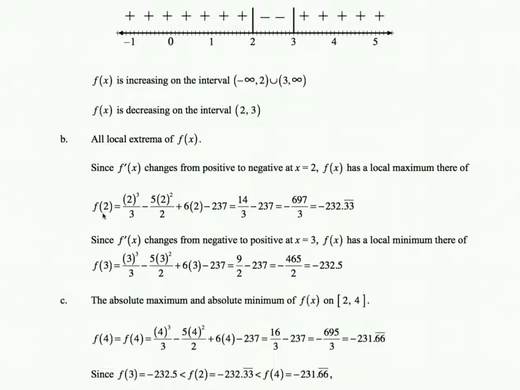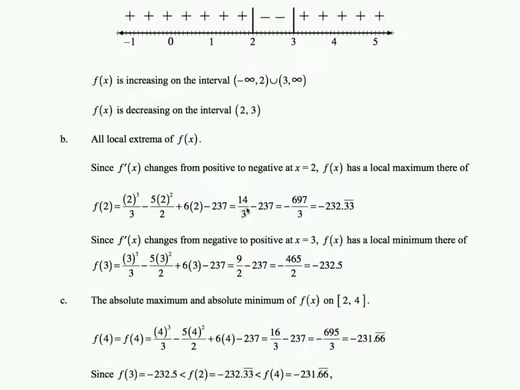So we evaluate the function, not the derivative, we evaluate the function at 2. So we put a 2 here, 2 cubed is 8, put a 2 here, 2 squared is 4, 5 times 4 is 20, and 6 times 2 is 12. And when you combine all three of those, 8 thirds, 20 halves, which is 10, added to 12, you combine all those with the common denominator, and then reduce, you arrive at 14 thirds.